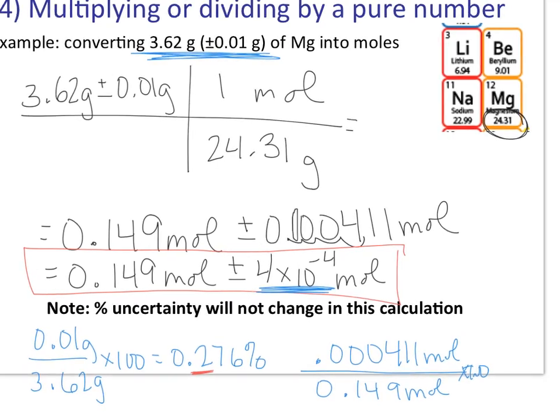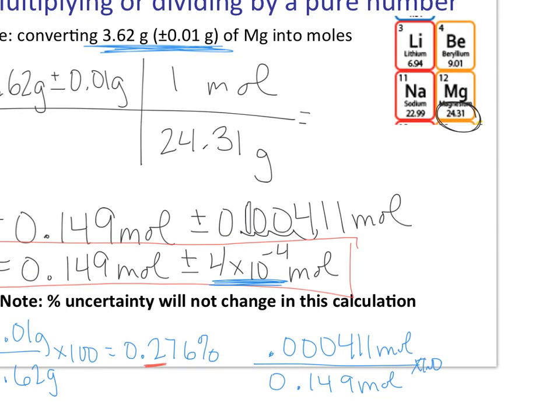And when I do that, I also get 0.276%. And again, I only want to round to 1 sig fig. But to note, these numbers are the same.